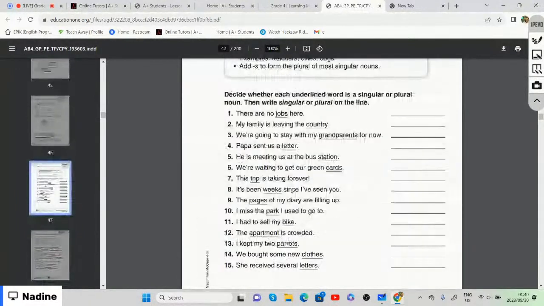And most of these plural nouns, it just ends with an S. So there are no jobs here. So the word jobs, is jobs singular or is it plural?